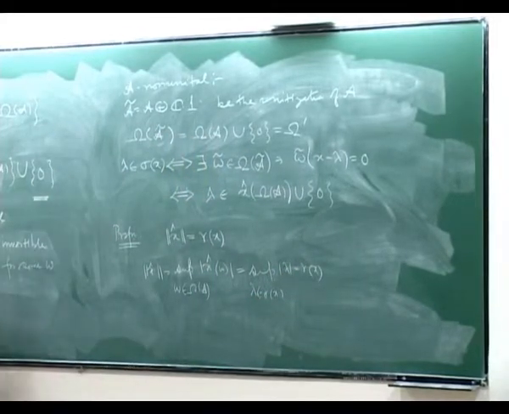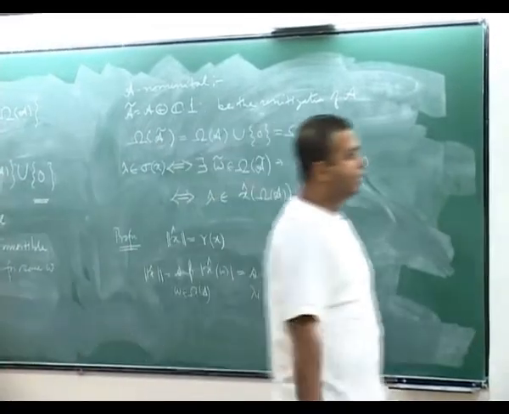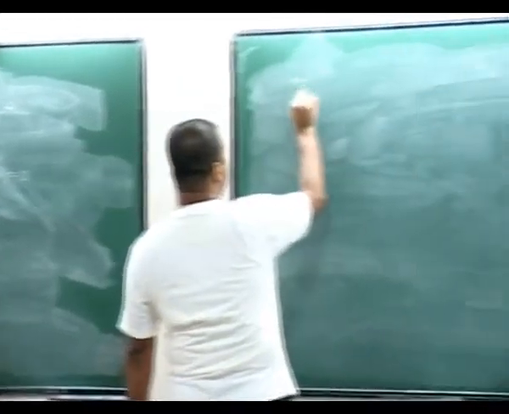So, if we combine all these parts, then what we obtain is that we have this map.